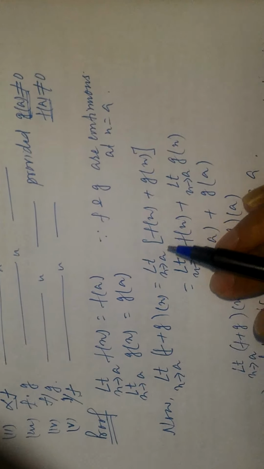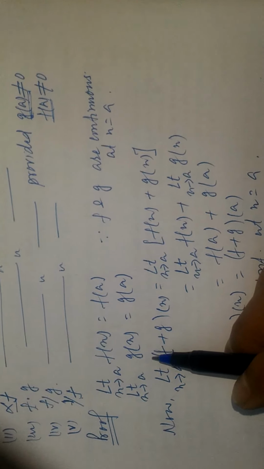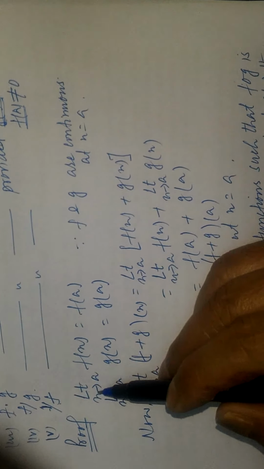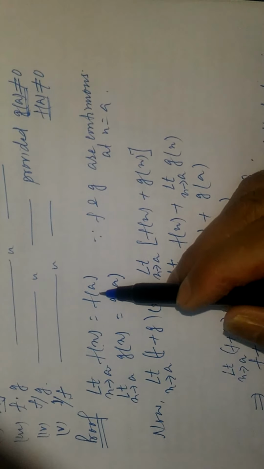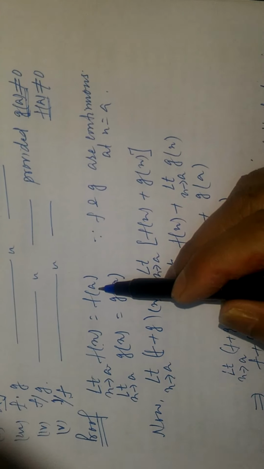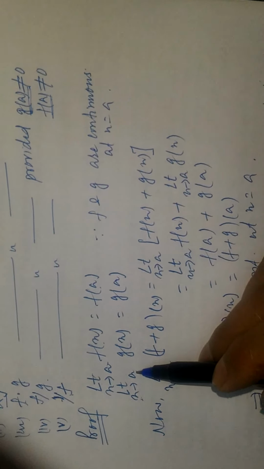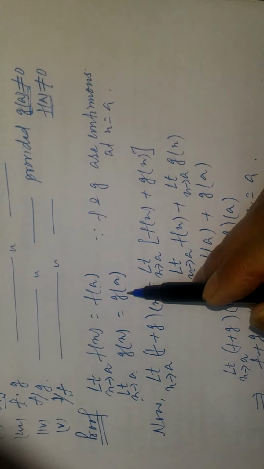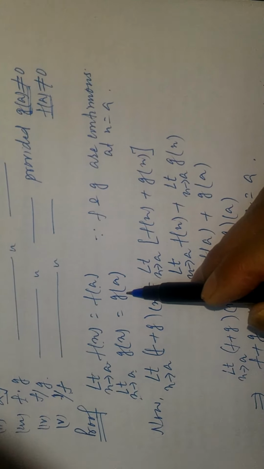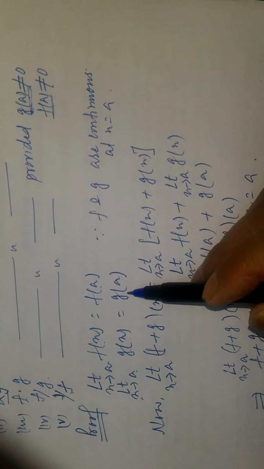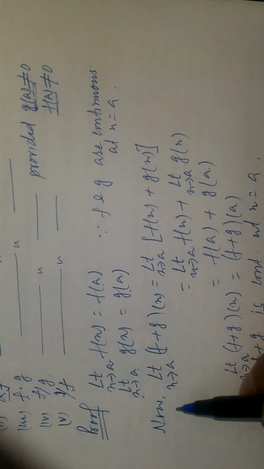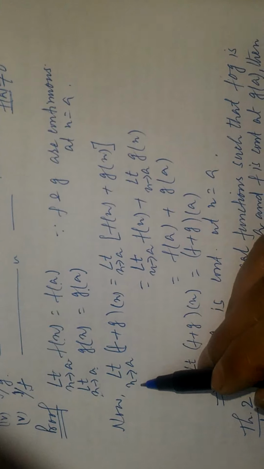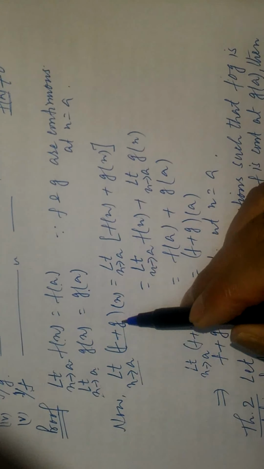We'll just give you one proof; the remaining ones you can do by yourself. The limit as x tends to a of f of x is f of a, and the limit as x tends to a of g of x is g of a. Why? Because they are continuous functions, so the limit exists and is equal to the value of the function. Now we are going to find the limit as x tends to a of f plus g of x.